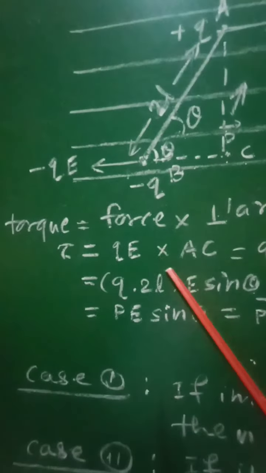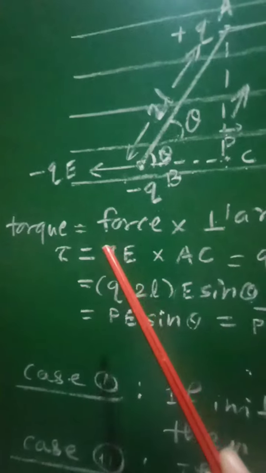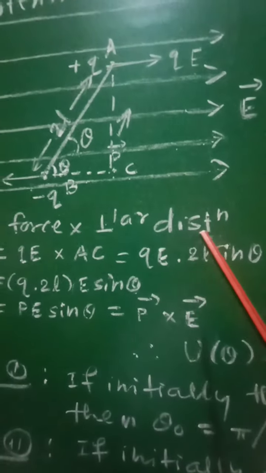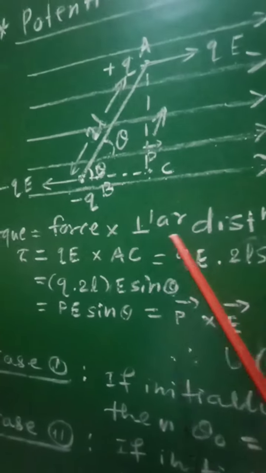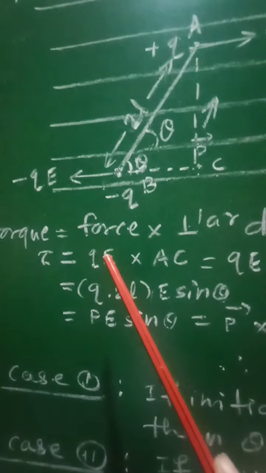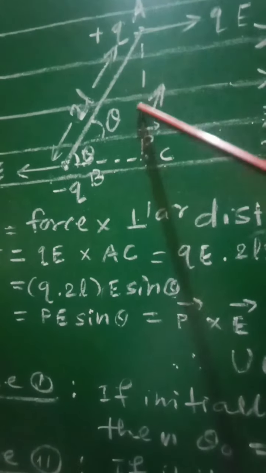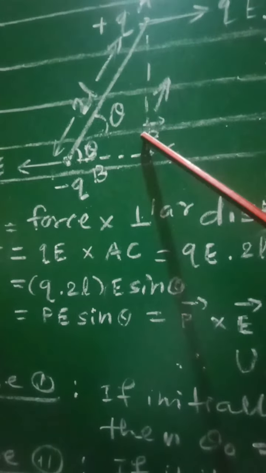Now the torque acting on the electric dipole is given by the formula force into perpendicular distance between the two forces. The force acting in magnitude is qE and the perpendicular distance between these two forces is equal to AC.